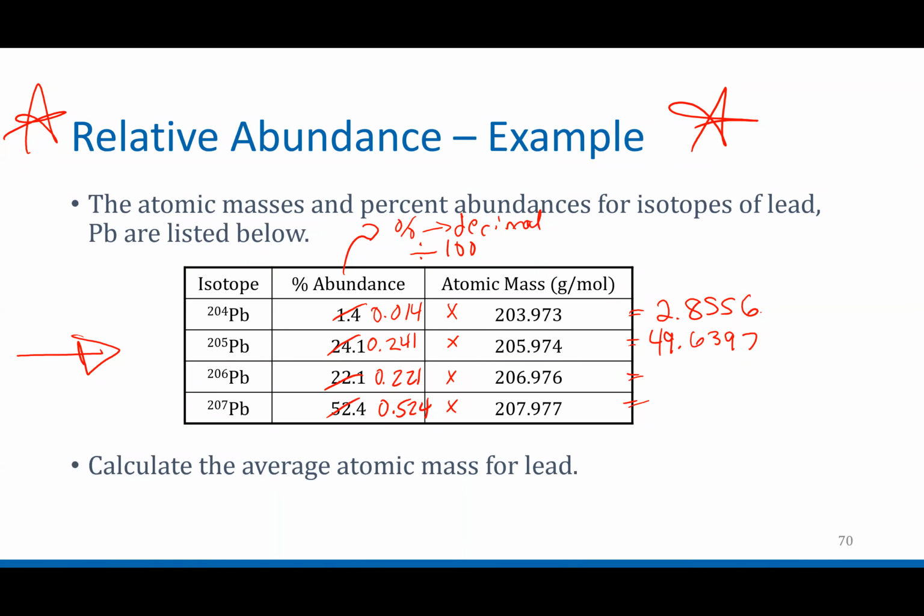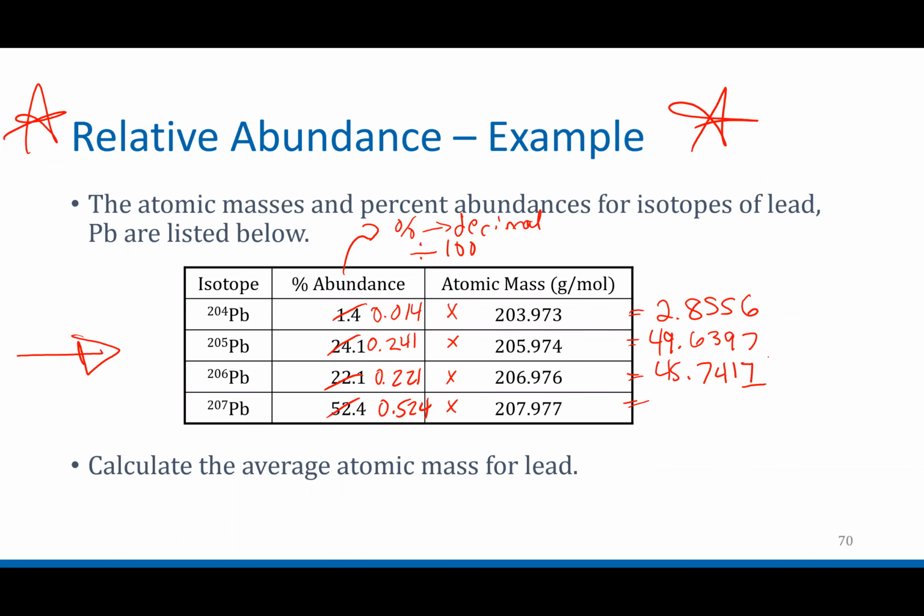So decimal 221 times 206. You can do this on your phone if you have your phones with you, which I'm sure you do. So I get 45.74. Now I'm going to write 17 here, meaning I rounded the number.